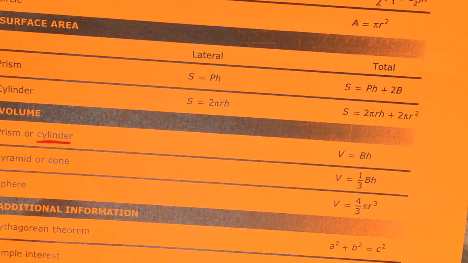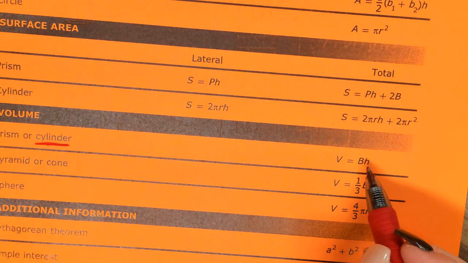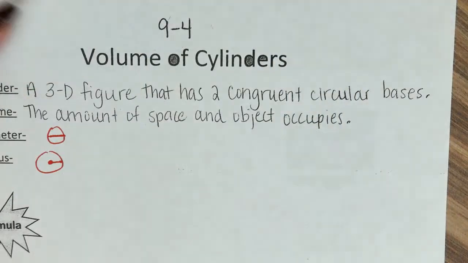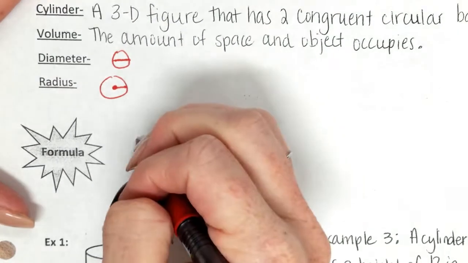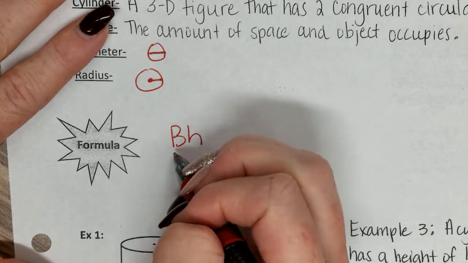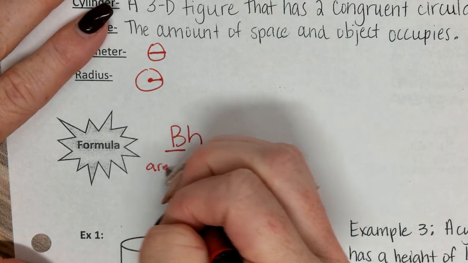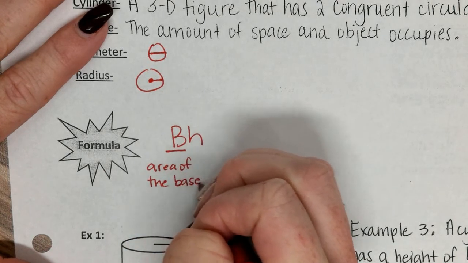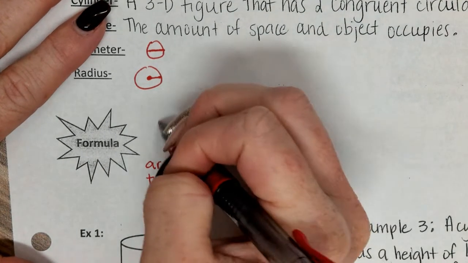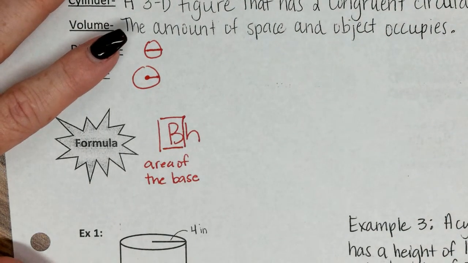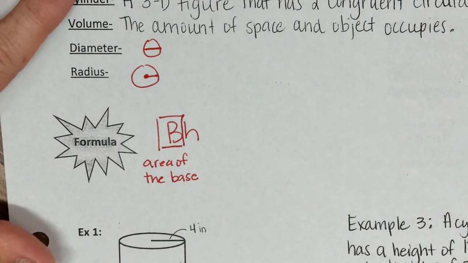Okay, and what's cool is I'm just going to teach you to replace this so you don't even have to think about it on the STAR test. But I want y'all to write this down. The formula is big B times H. But big B means area of the base. So this number right here needs to be replaced with the formula for area of the base.